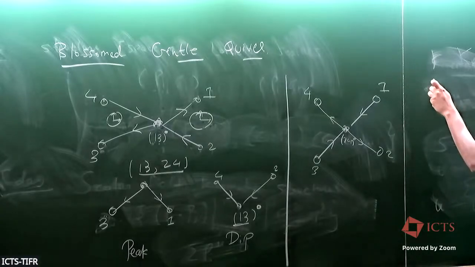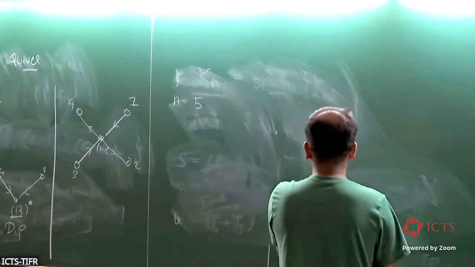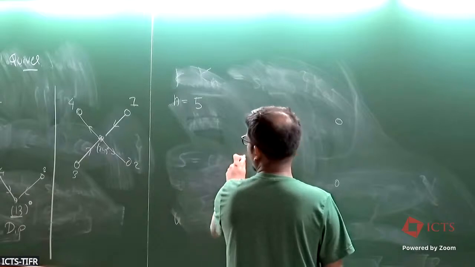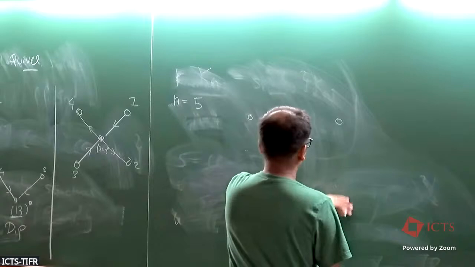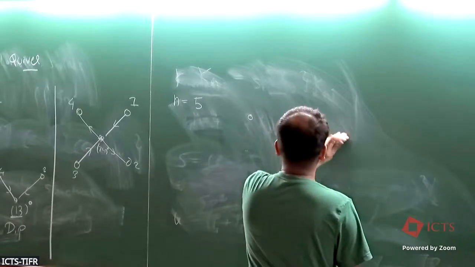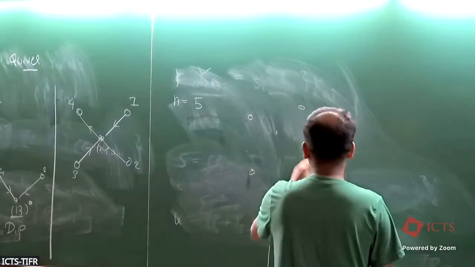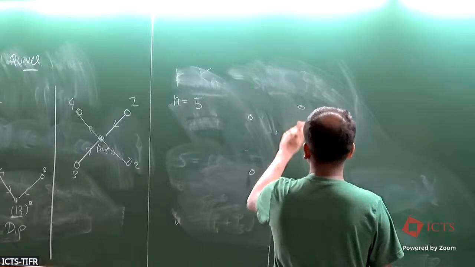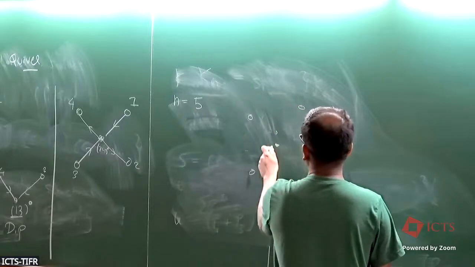So let's take n equal to 5, and let's draw the sum. Now we have more choices, but I'll just draw one of these quivers. This is related to Arpan's question.